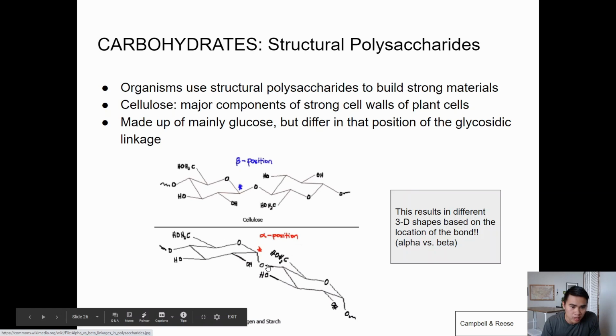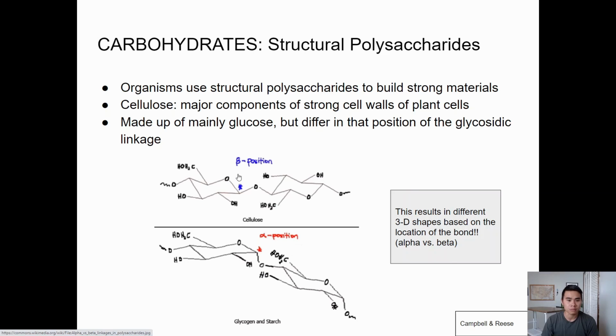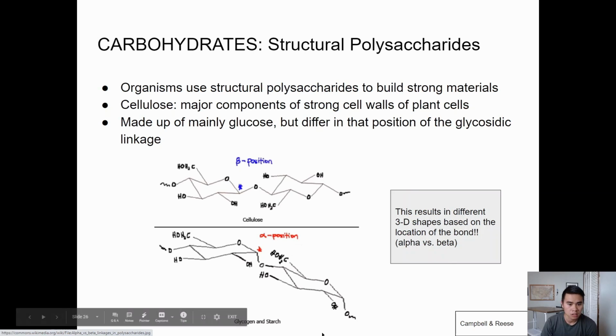And if you look at the location of the oxygen, they're different in terms of the 3-dimensional shape. One of them is bonded to the alpha position, which creates kind of this shape. And then another one's a beta position, which is kind of like a sheet. Cellulose is in the beta position. Glycogen and starch are in the alpha position. So it's the exact same thing, glucose.